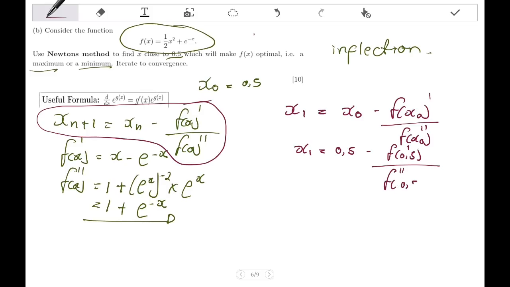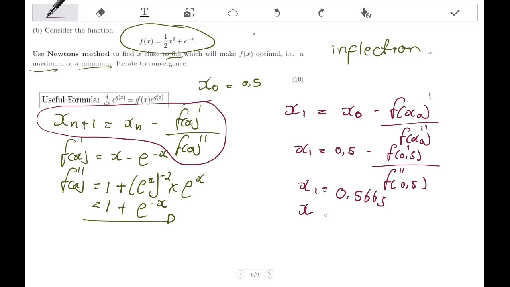Then we're going to get x1 as 0.5663. Then we're going to do the same for the x2 using this value as your xn now. Your xn now is going to be this value here that you calculated. And then you got your answer as this.